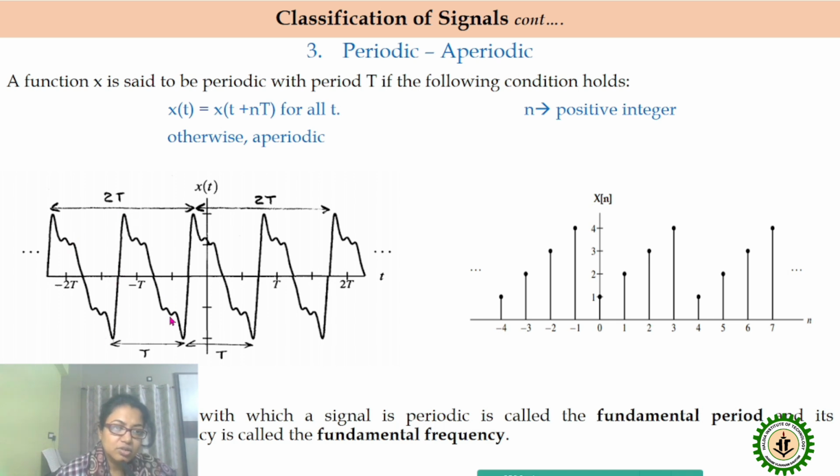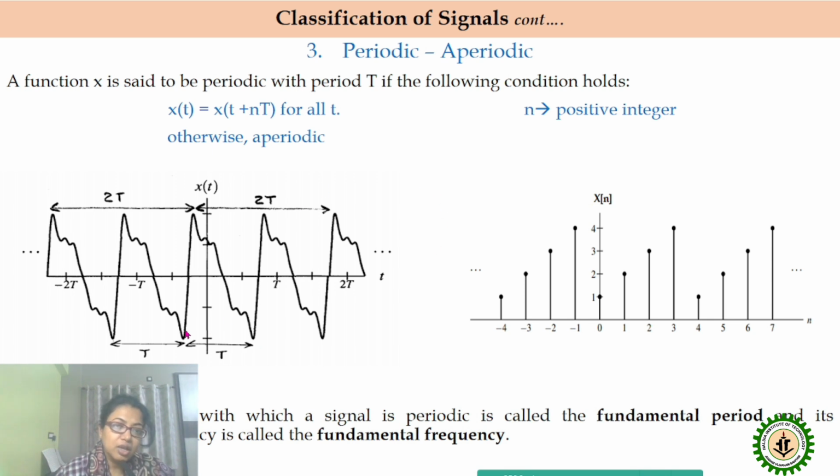Again this signal will repeat itself after this point. So we have to consider one full cycle. For that, how much time it takes is called the time period of any signal. So in this case, see, the time period is T. From here to here, after this point again it will repeat itself.